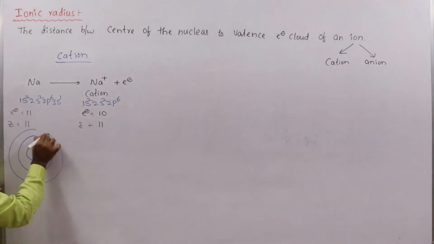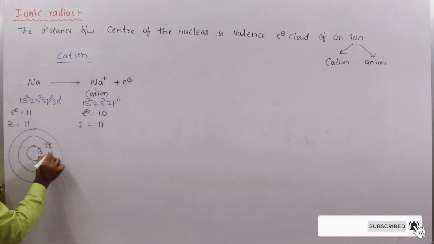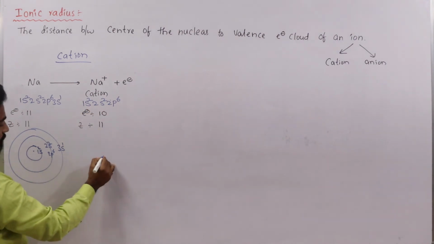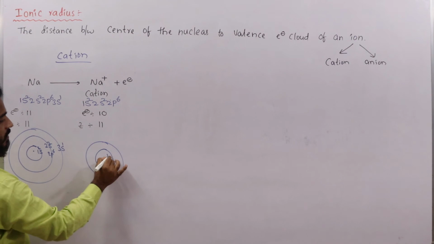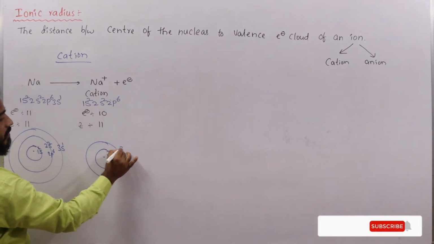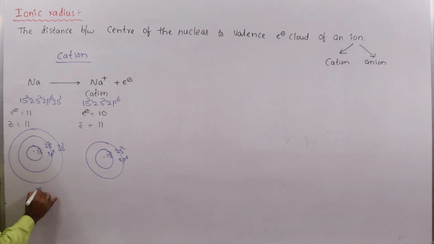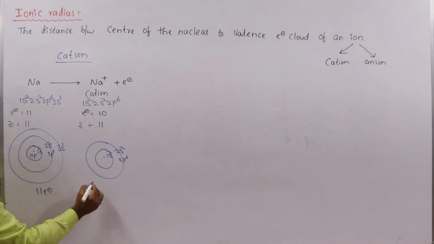If you take the sodium atom, how many shells are there? 3 shells are present: 1s2, 2s2, 2p6, 3s1. In this Na+, how many shells are present? Only 2 shells are present, that is 1s2, 2s2, 2p6. So here totally 11 electrons and 11 protons are there.